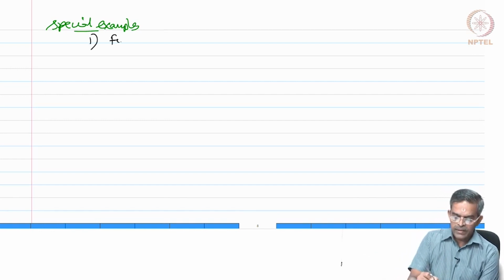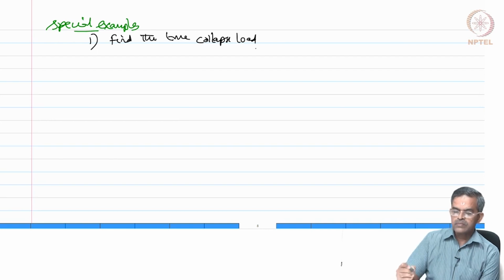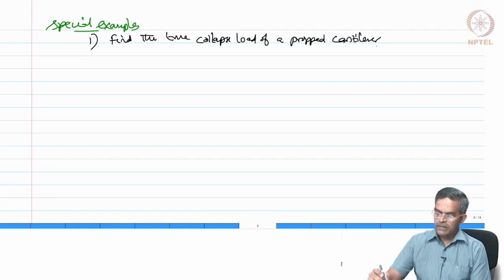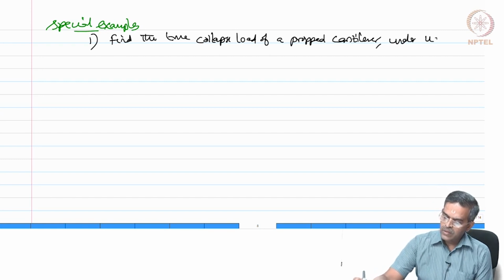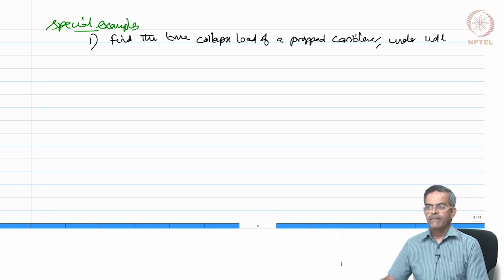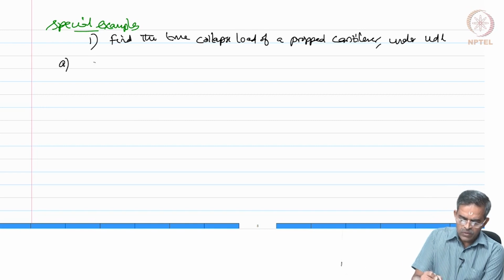Let us say find the true collapse load of a propped cantilever under uniform distributed load. Let us take an example where the static theorem is applied. We will do the static theorem now.